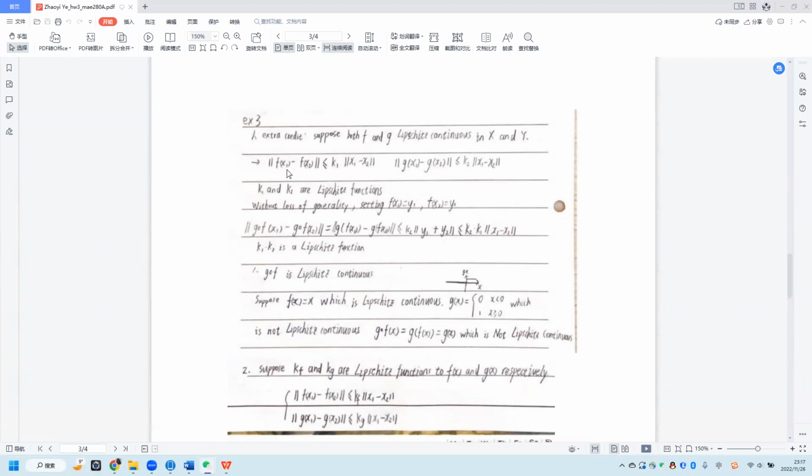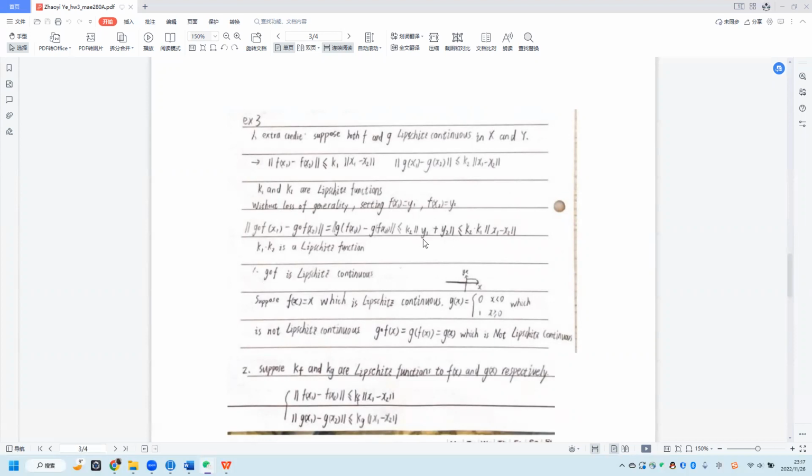First we write the left hand side, which is g circle f of x1 minus g circle f of x2, which according to the question, we will take as g of f(x1) and g of f(x2). We suppose f(x1) equals y1 and f(x2) equals y2, from which we can apply these inequalities by replacing with y, and we have k2 times the norm of y1 minus y2, which is less than or equal to this.